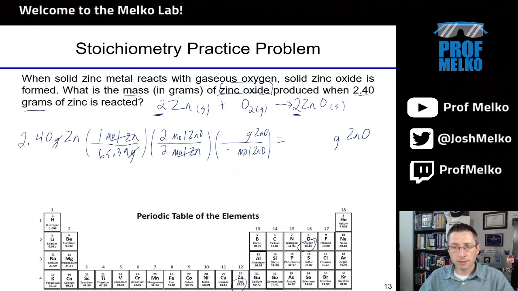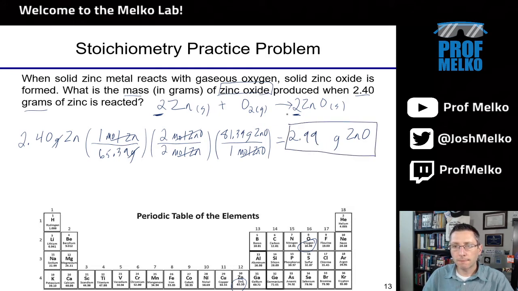That should come out to be 81.39 grams per 1 mole. And now that unit goes away, and I have everything I need to calculate this. So I do 2.4 times 1 times 2 times 81.39, just multiplying across the top, divided by 65.39, enter, divided by 2, enter. I should get out at the end 2.99 grams of zinc oxide. Okay, so that's my final answer here.